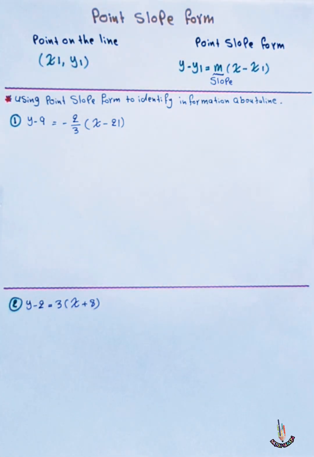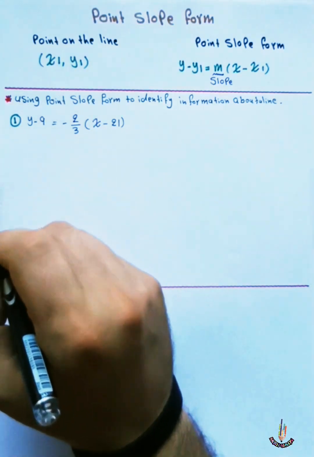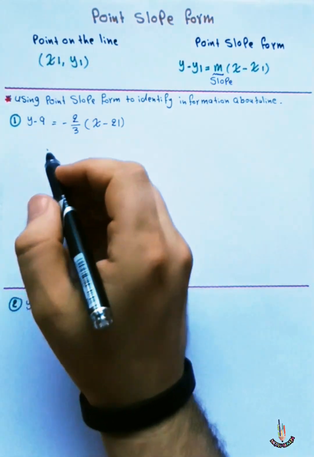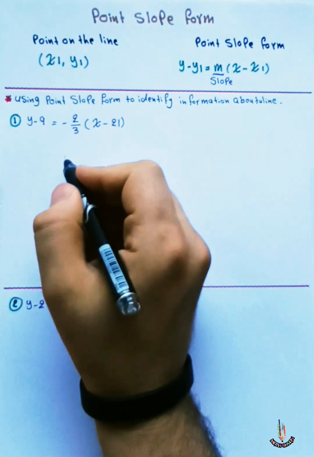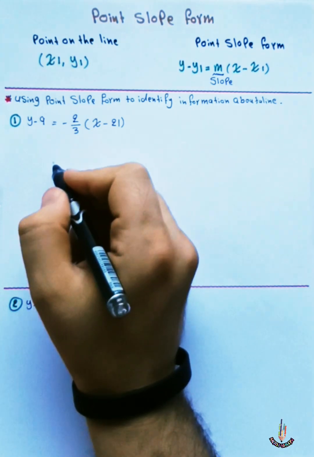Example number 1, using point slope form to identify information about a line. We have to identify the slope and the point on the line for this equation.